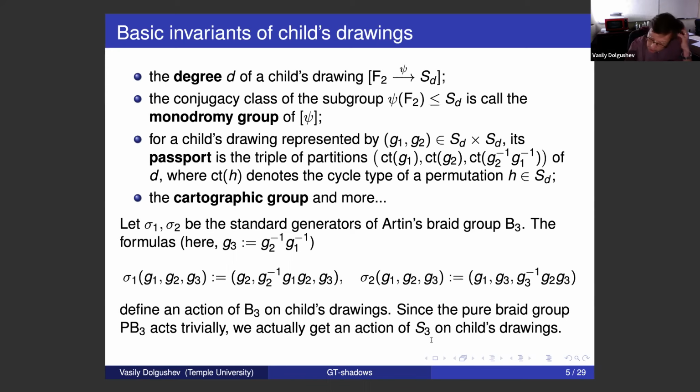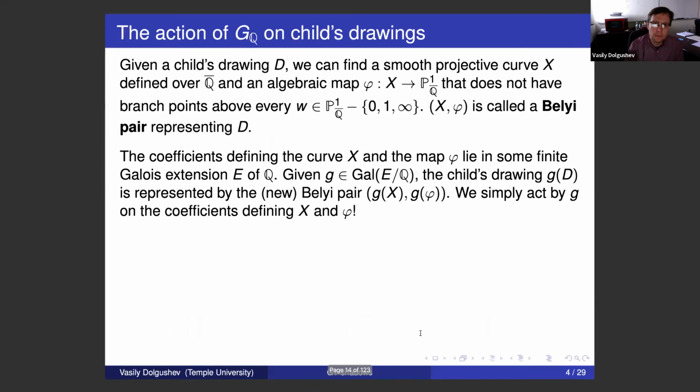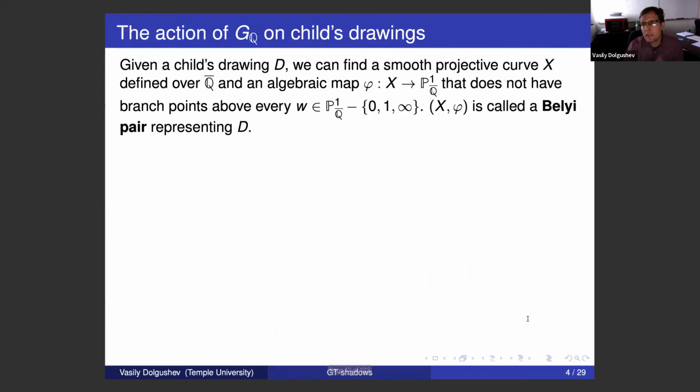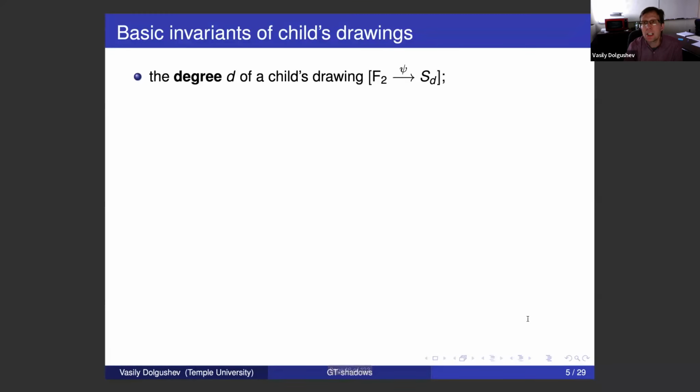Now, if you recently taught complex analysis, then you probably talked about Möbius linear fractional transformations. There is another way to define this action of S3: there is a standard homomorphism from S3 to the group of linear fractional transformations of CP1. If you go back to the model of holomorphic maps, a child's drawing is represented by a holomorphic map. You can post-compose it with a linear fractional transformation coming from S3, and you get the same action.